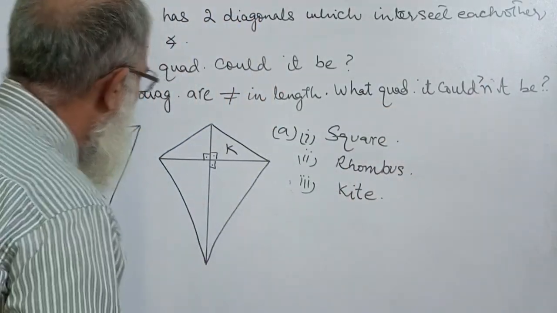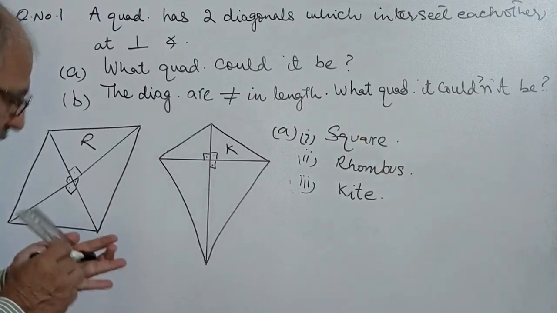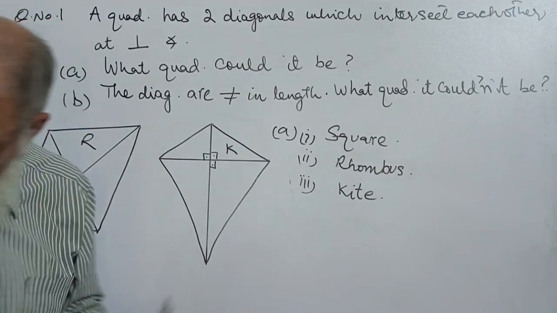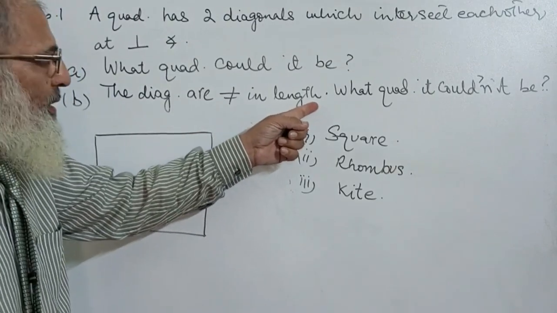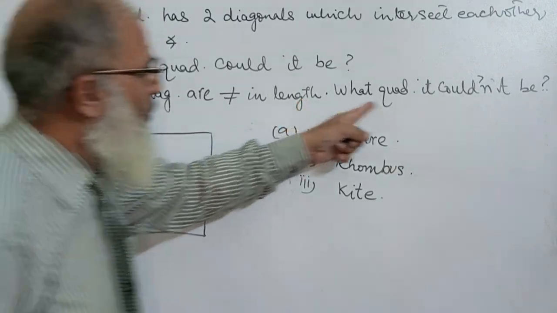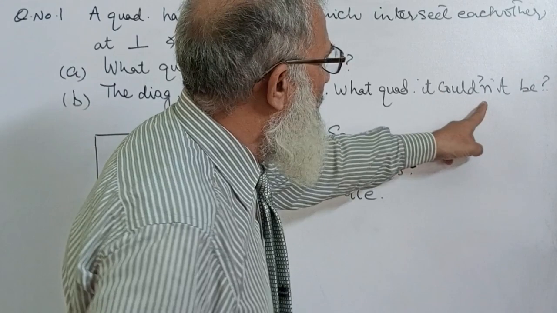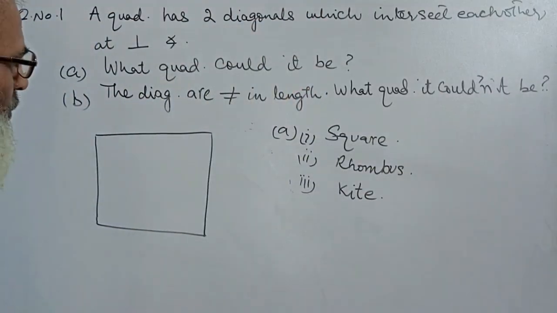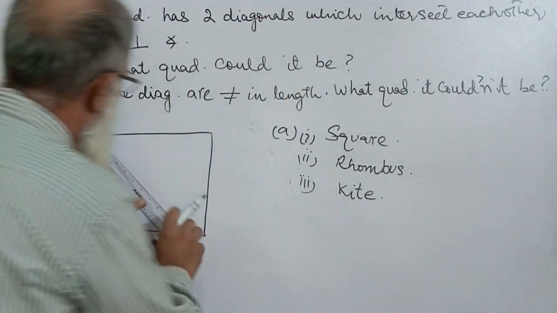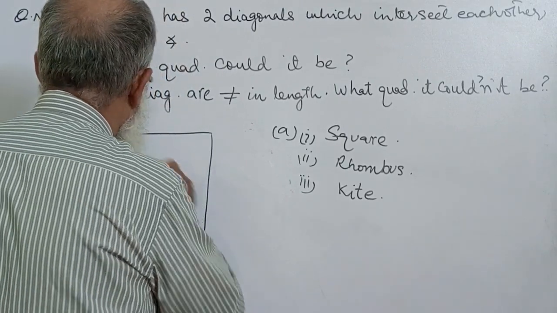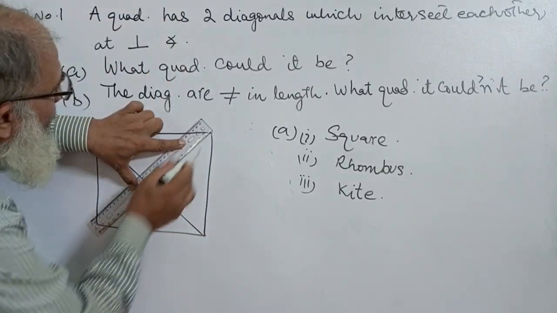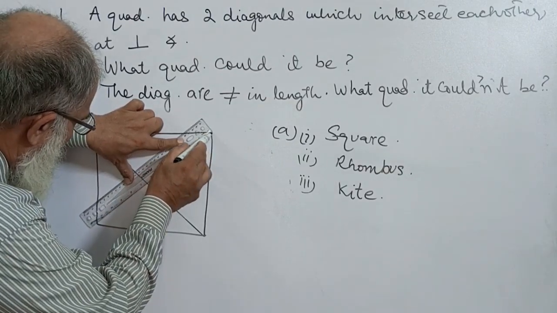So it is again a very simple question. Now, the diagonals are not equal in length. What quadrilateral couldn't it be? Now, if I make this one, now these are equal in length.